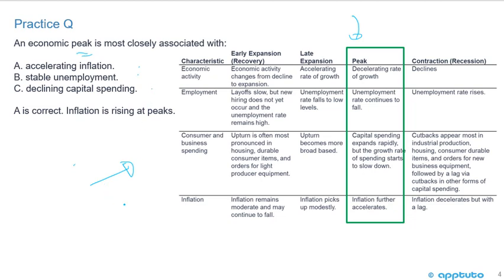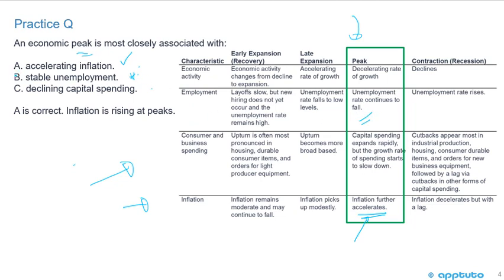So the correct answer was A, inflation is rising at peaks, accelerating inflation. So we're looking at the peak, we look at the row here for inflation, and you can see the exact same word as in the question, inflation further accelerates, accelerating inflation, that is correct. If we looked at B, why is it wrong? Stable unemployment, we look here, employment, it says unemployment rate continues to fall.